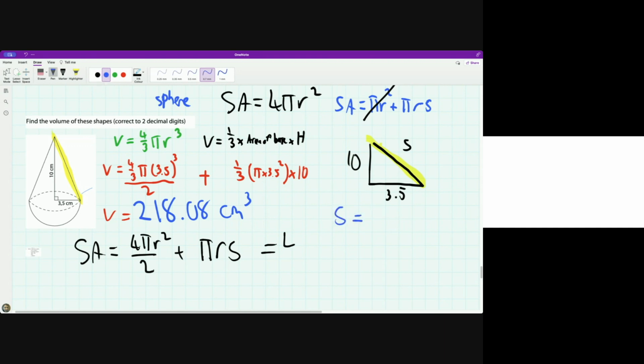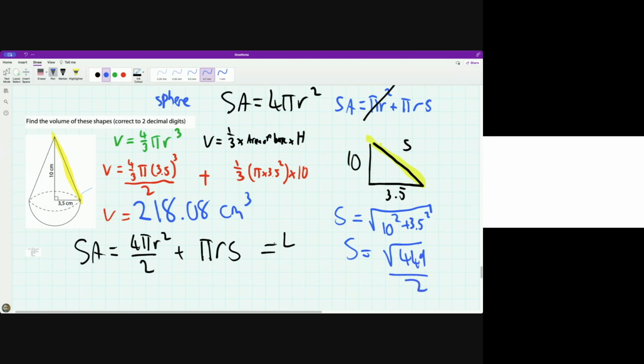For S, we're going to get the square root of 10 squared plus 3.5 squared. According to my calculator, we get square root 449 over 2.